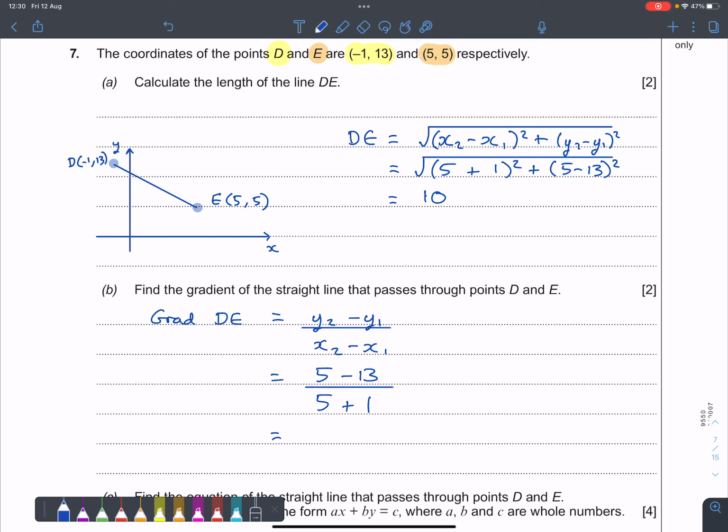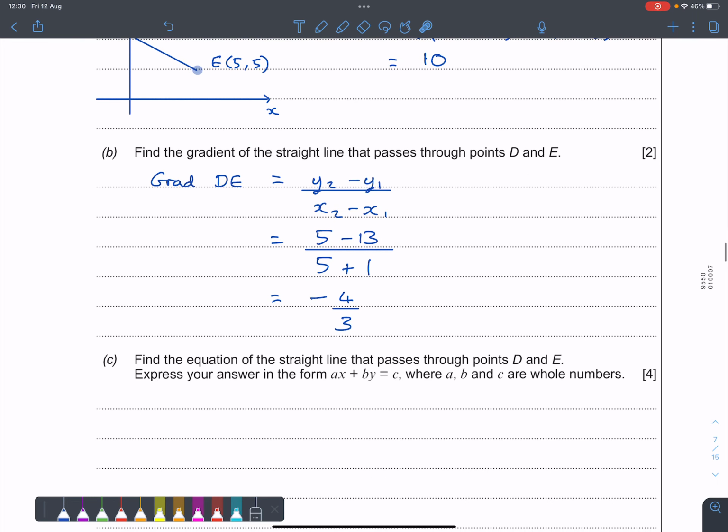And that will give me -8 over 6, which is -4/3. It's always worth checking it on the calculator just in case you make a mistake. So, yep, -4/3. And it makes sense that it's negative because you can see that this line is sloping downwards.